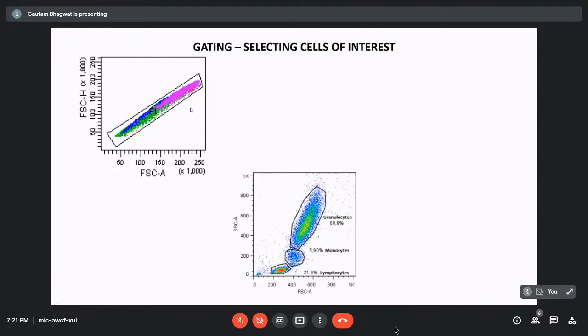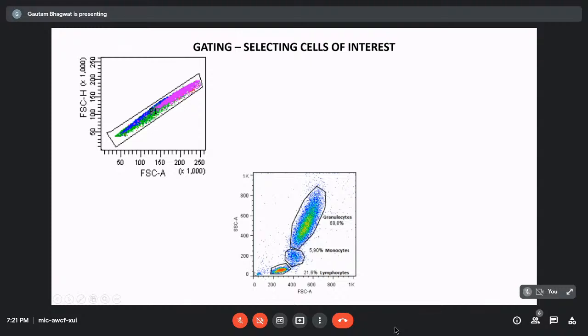The second is the forward scatter versus side scatter. So these two parameters would give me information about the lymphocytes, monocytes and granulocytes. Granulocytes have the maximum size and maximum granularity, while lymphocytes have the minimum size and the least complexity or granularity. Also from here I can remove these cells.